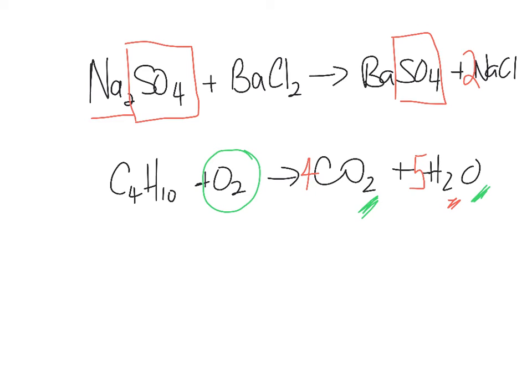So I want you to do that right now. If you haven't finished this equation, go back and now make this 2, which gives us how many carbons do we need on the right? 8.